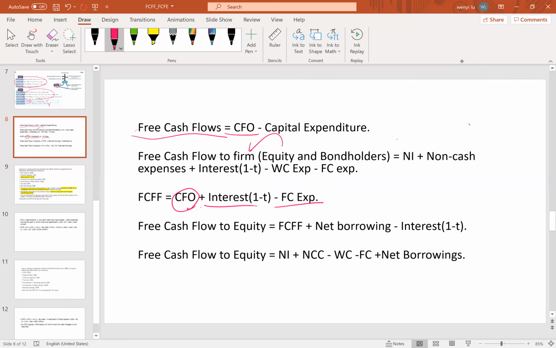Then based on the free cash flow to a firm, we can solve the free cash flow to equities.